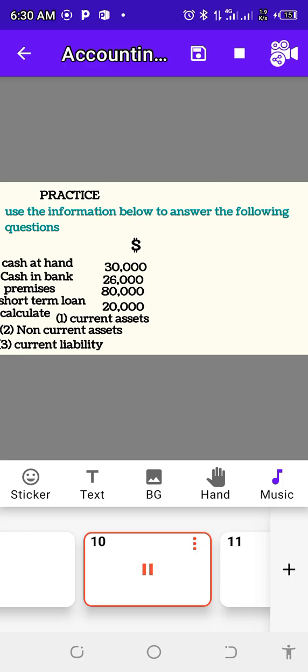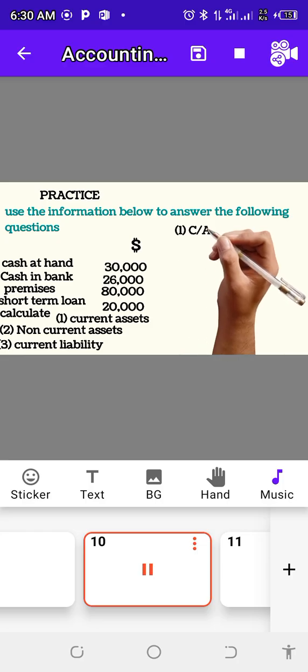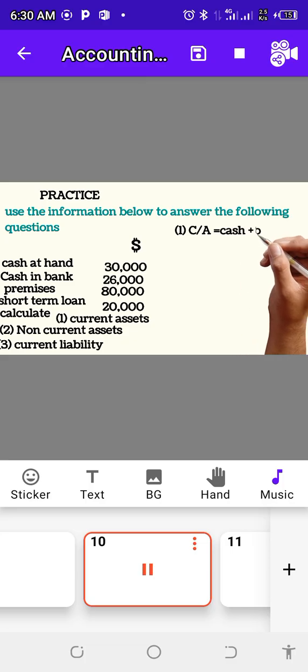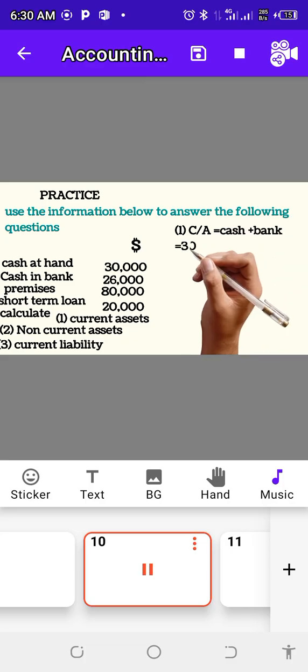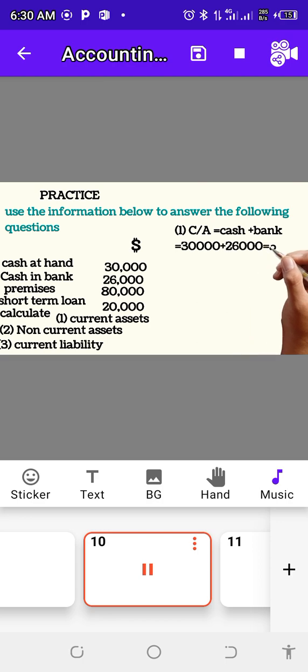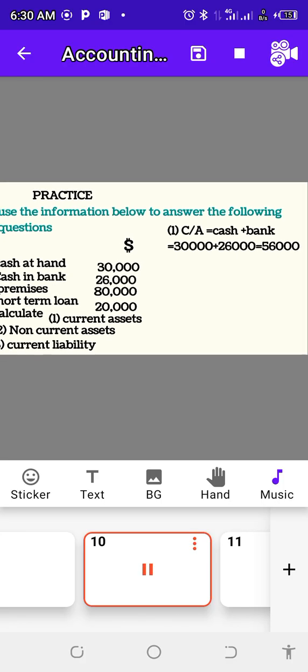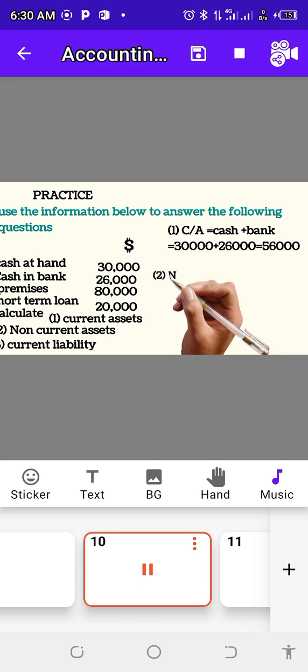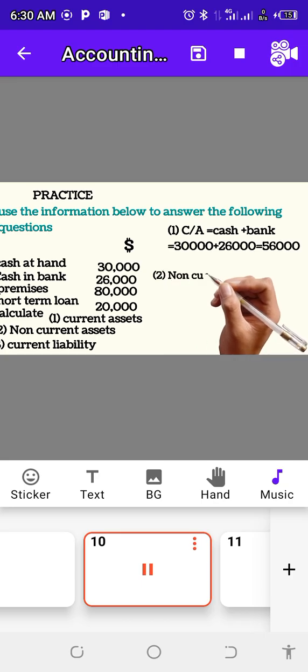Short-term loan. Now the current asset is equal to cash at bank plus cash at hand, which is $30 plus $26, which is equal to what? $56. Then the non-current asset there is only one, which is what? Premises, and it is $80.